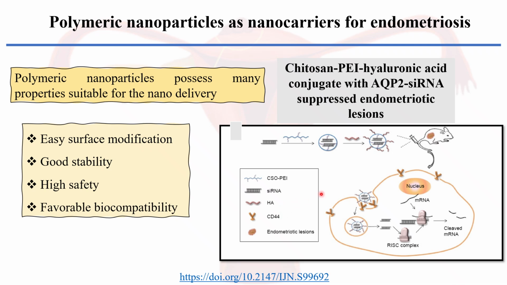And this AQP2 siRNA was applied because AQP2 is related to the progression of endometriosis. The results showed that these composite nanoparticles significantly inhibited the development of endometriosis, with a low expression of CD44 in the rat model.